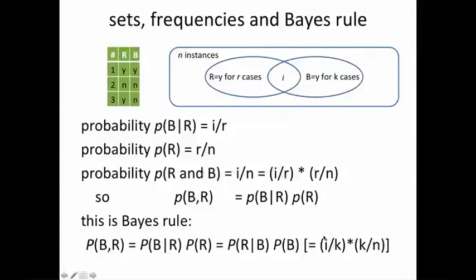We can see that by just rewriting i over n not by introducing an r but by introducing a k, in which case you'll get i over k, which is just the probability of r out of all those that are b, and probability of b, which is just k over n, right?